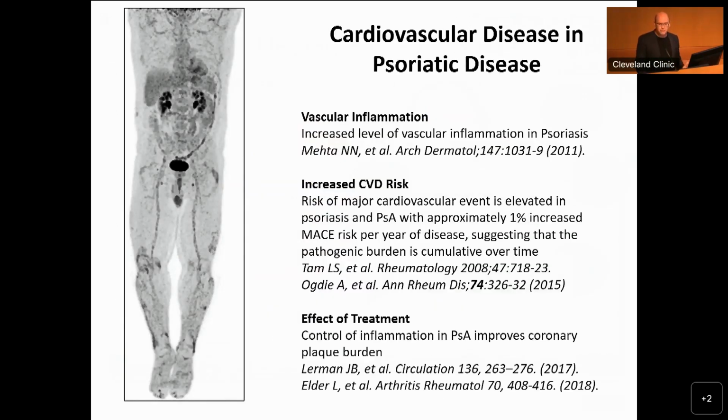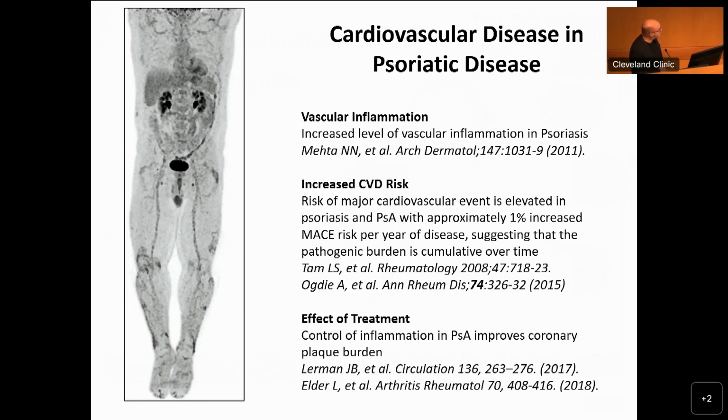Now, this whole metabolic link of psoriatic disease is also leading to a higher risk of cardiovascular disease. We know that the cardiovascular event risk is higher in patients with psoriasis and psoriatic arthritis. We know that it's happening early in disease, that there is an increased calcification burden, which is shown here in the patient.